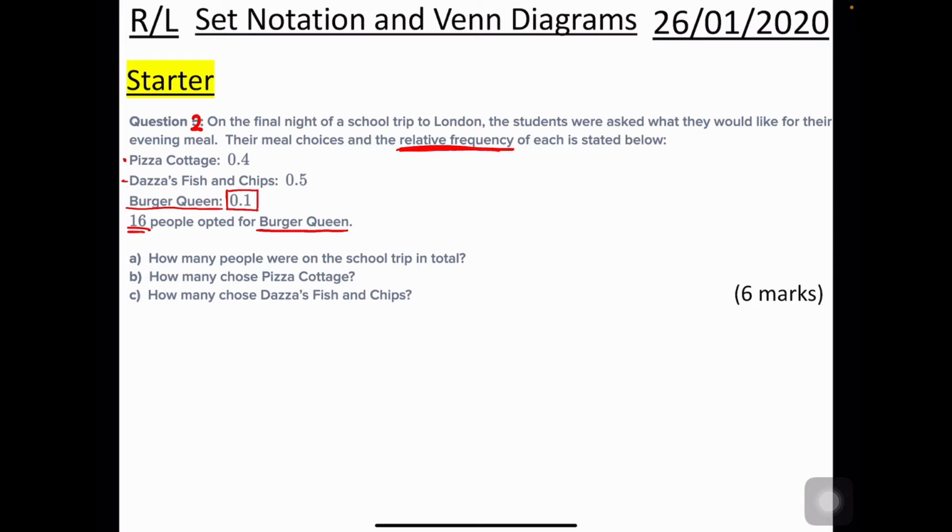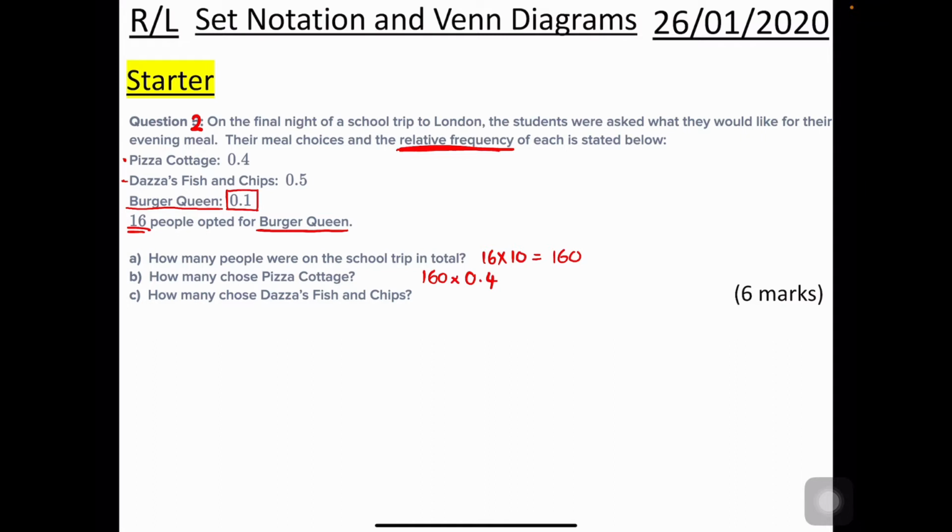So we have to do 16 multiplied by 10 to get 160 as our total. That's how many people were on the trip overall. How many chose Pizza Cottage? Now we just do 160 multiplied by 0.4.